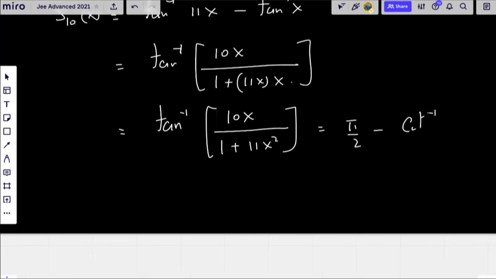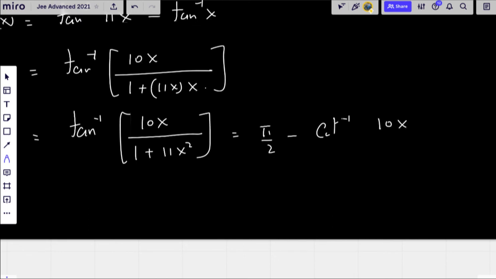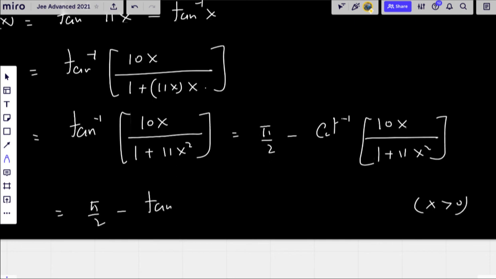So pi by 2 minus cot inverse, what we will do, that is 10x, because tan inverse x plus cot inverse x is pi by 2. So we are writing like this, pi by 2 minus, now if we are going to convert this, with x as positive, we can write tan inverse of 1 plus 11x square.